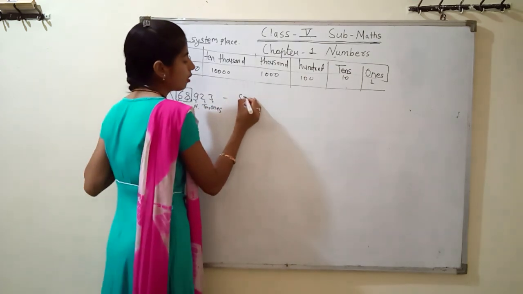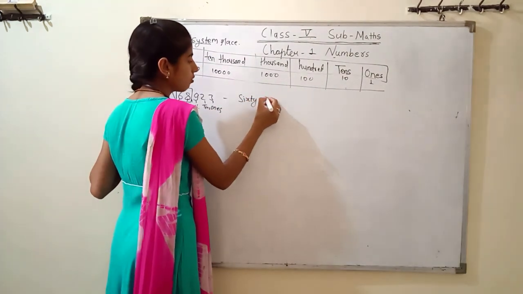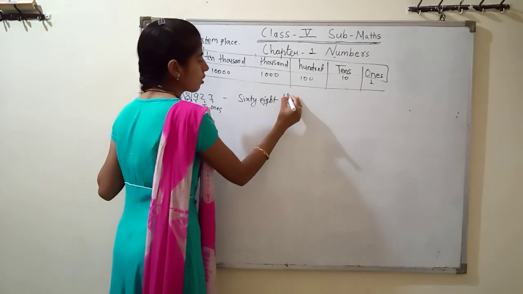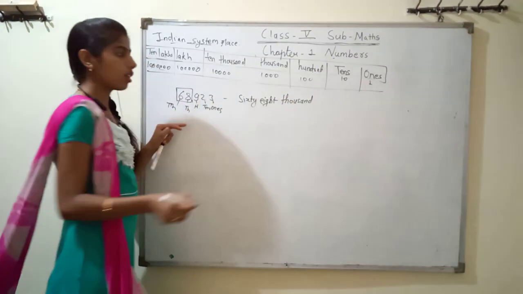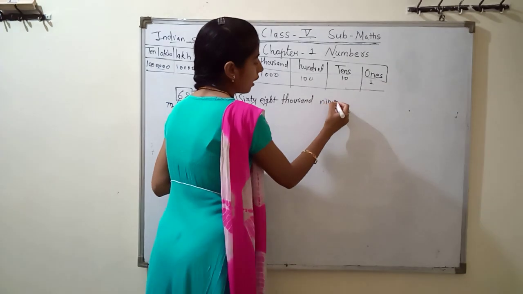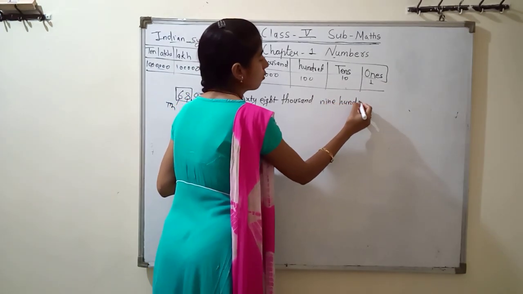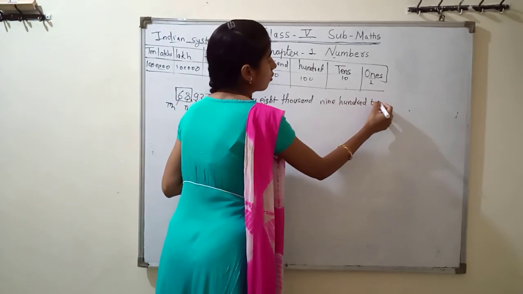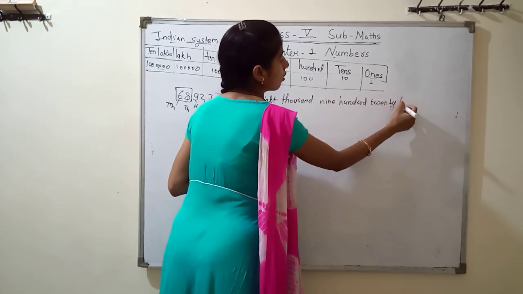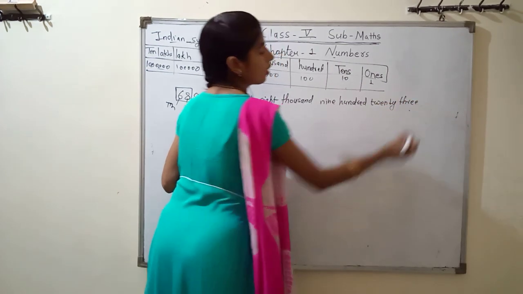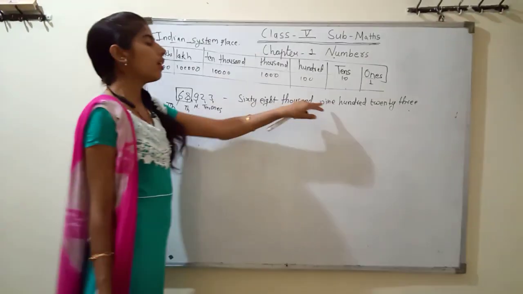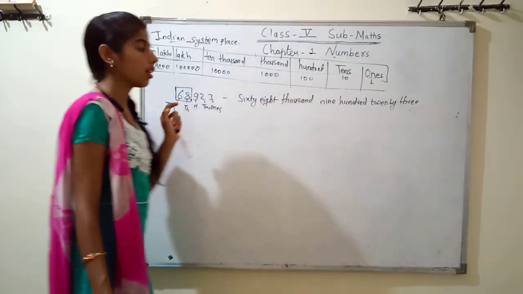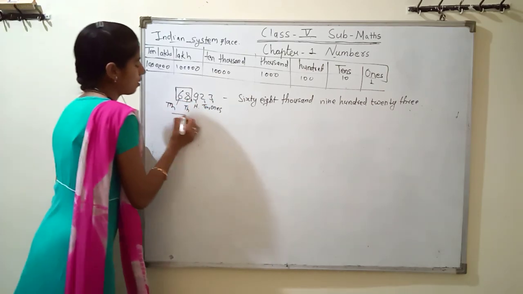Then how do we write? 68,923. Like that, it's completed.